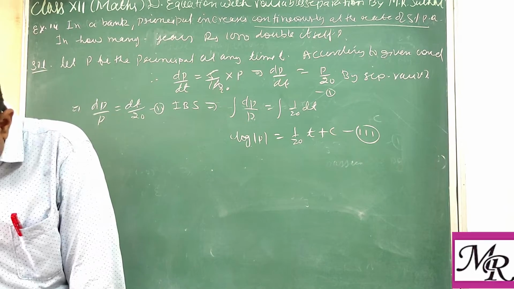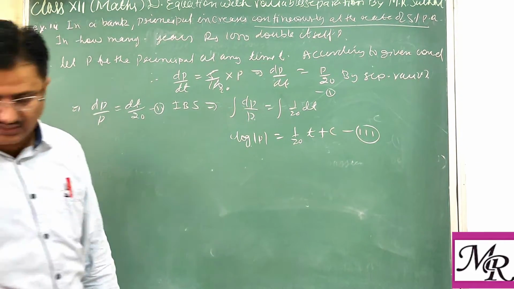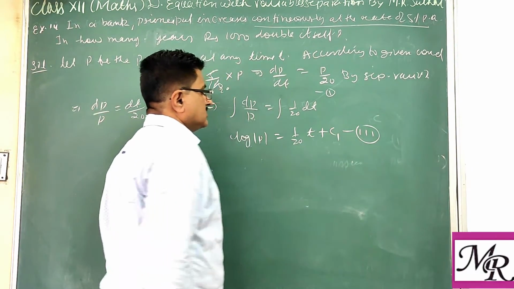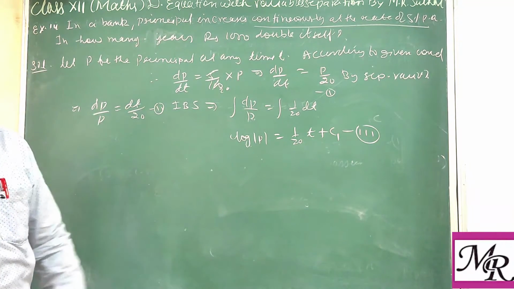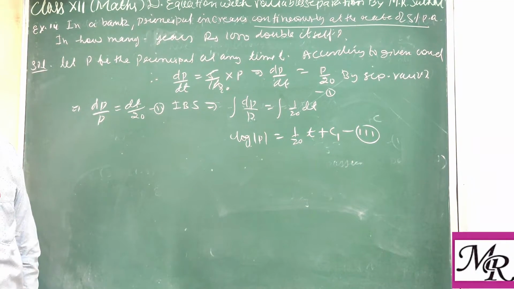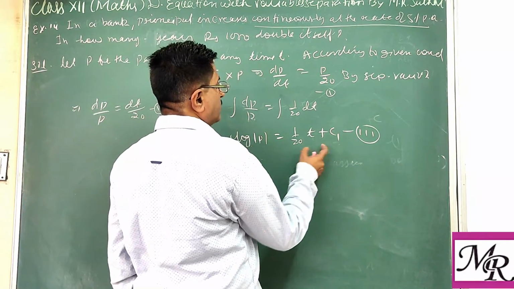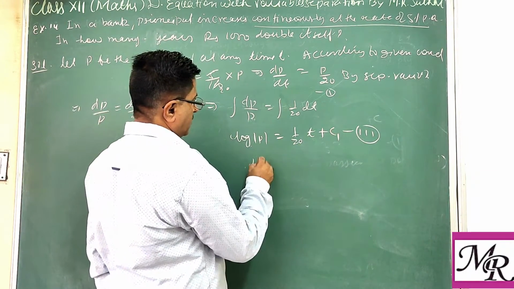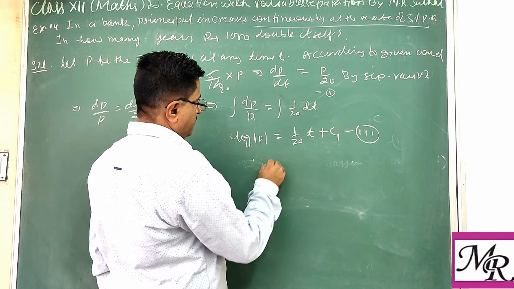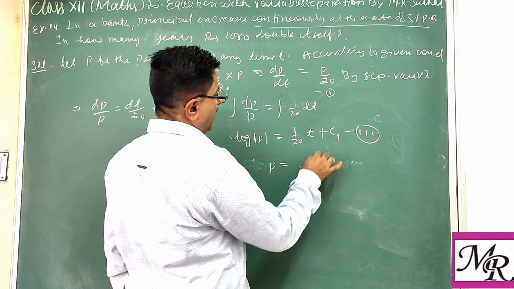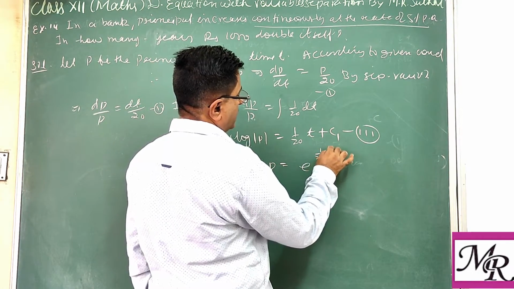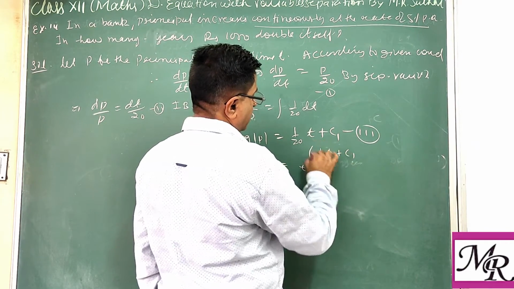Now we want to find the value of this c, or it is c1. Clear? You may also remove the log, then this will be a power of all this. So we can say P equal to e power 1 by 20 t plus c1.